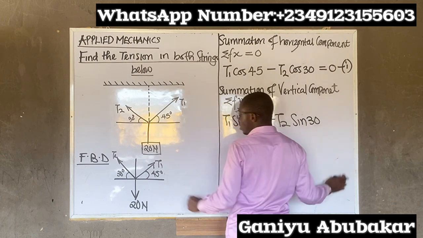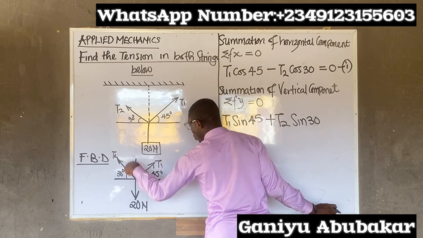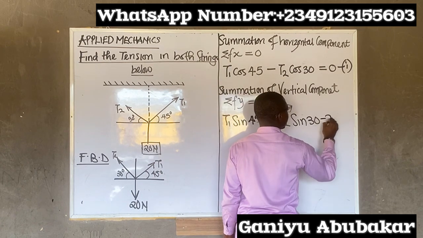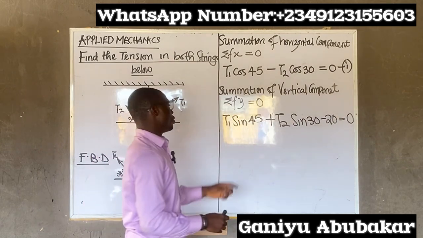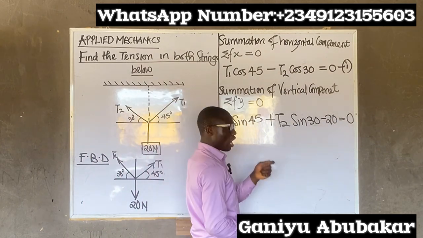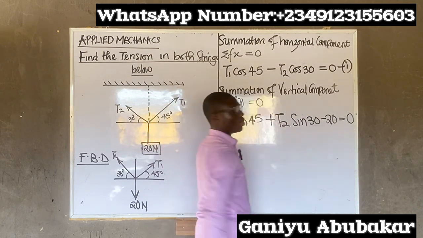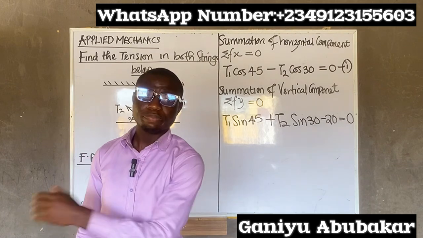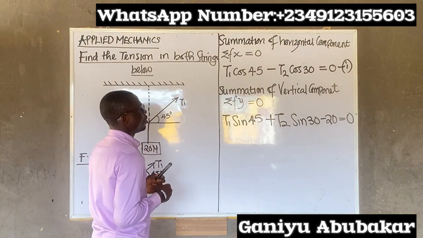Sorry, resolve this one to the vertical. This one too is vertical, but going downwards, so that gives you negative 20 equals 0. Summation F of y is just this, equals 0. Let's proceed to the next task.